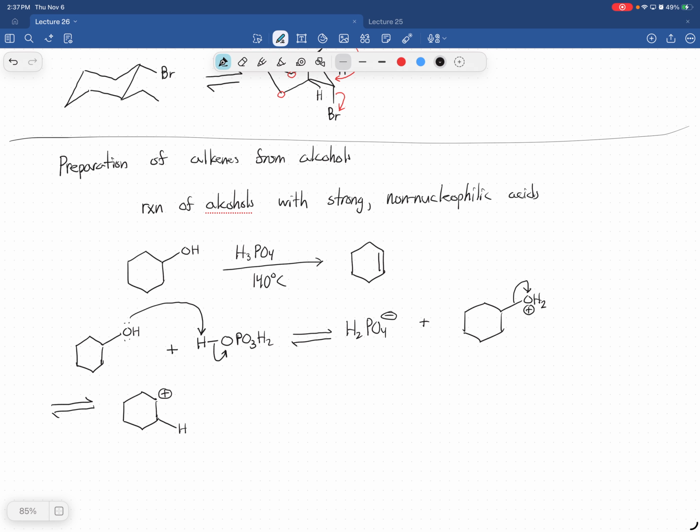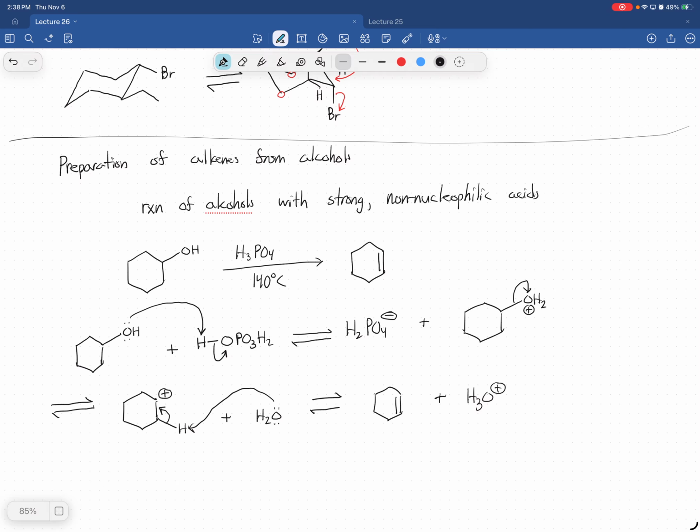It's not a hydride shift, because if we do a hydrogen shift, it'll just give the same carbocation. So we're just going to remove the hydrogen with water, and that will produce the alkene right here. So the final products are cyclohexene and, sorry, not H2O. The acid gets regenerated because it's acid catalyzed, so H3O+.